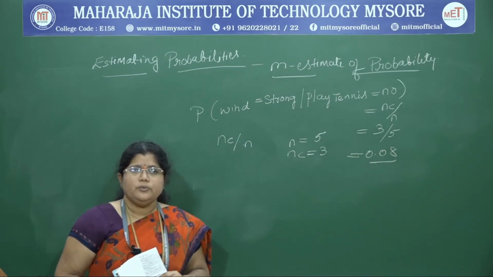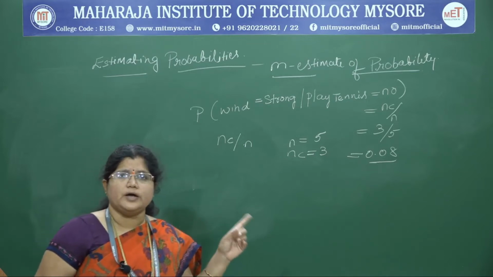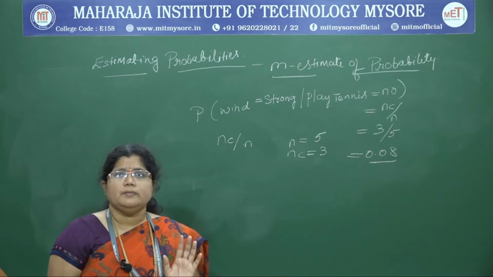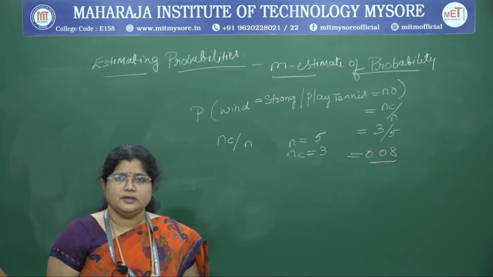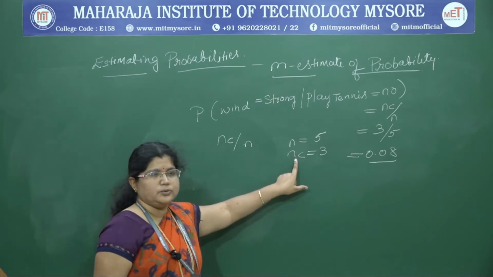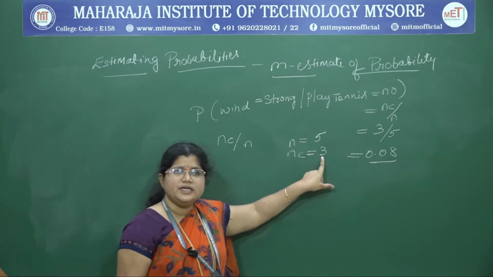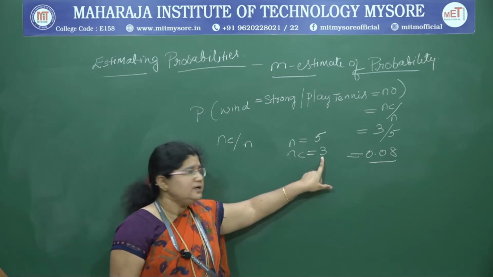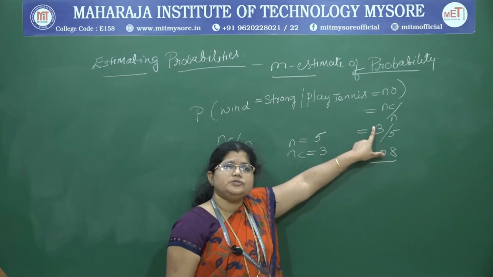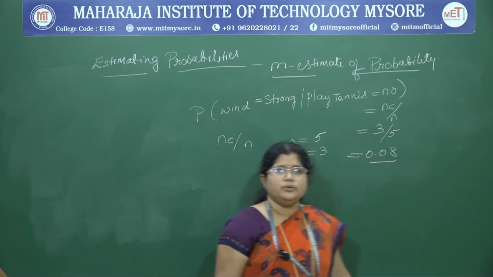Now, this is how we estimate the probabilities by using a Bayesian classifier. But what happens if NC is equal to 0? Suppose NC is equal to 0, then the term NC divided by N will also be equal to 0.